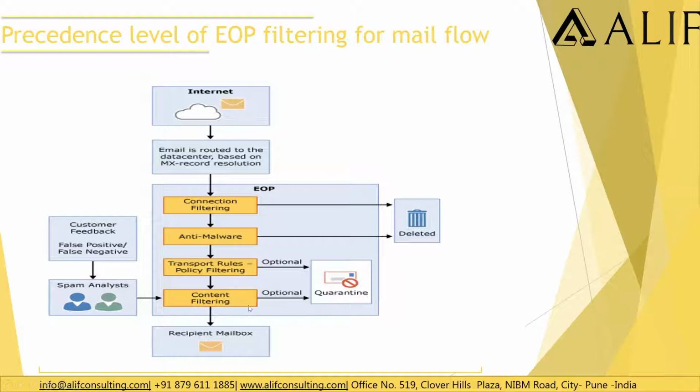Let's say I've configured a policy which says if the email is considered spam, then just deliver the email to the recipient's junk folder. So the junk folder also exists in the mailbox. So yes, it is going to deliver the email, once all the checks from these layers pass, to the recipient's mailbox. Okay, it would deliver the email to the recipient's mailbox, but into the junk folder and not into the inbox folder.